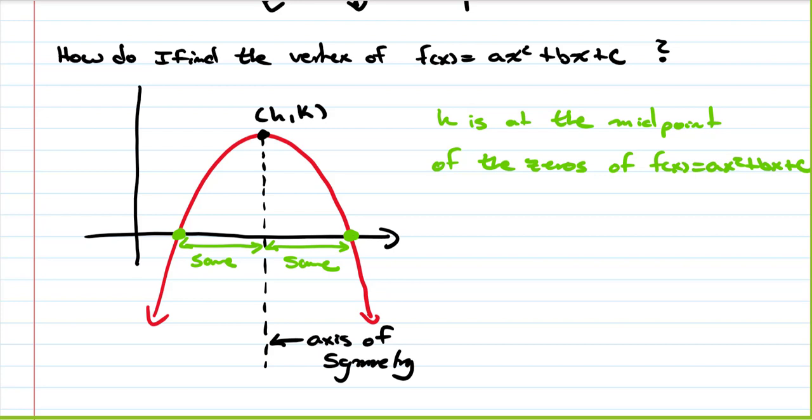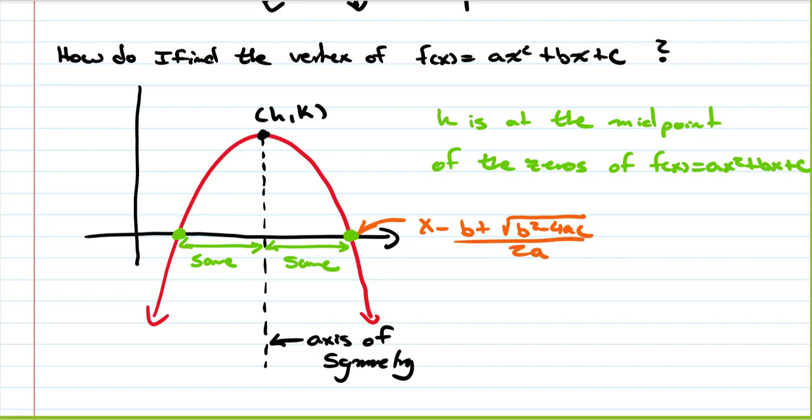We just came up with a formula that tells us in terms of a, b, and c what these two points are. So the larger one is going to be x equals negative b plus the square root of b squared minus 4ac all over 2a.